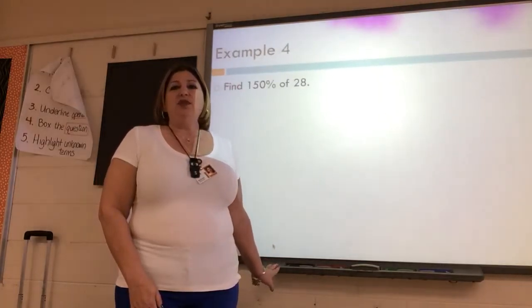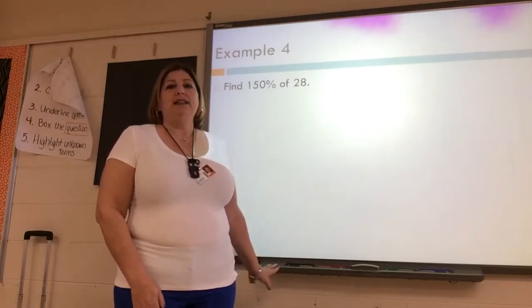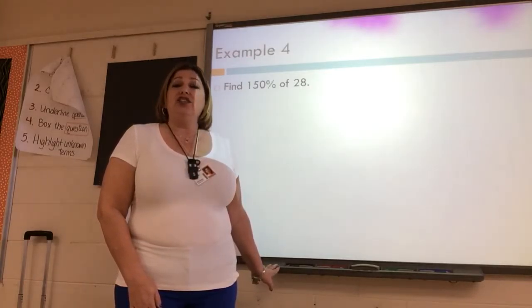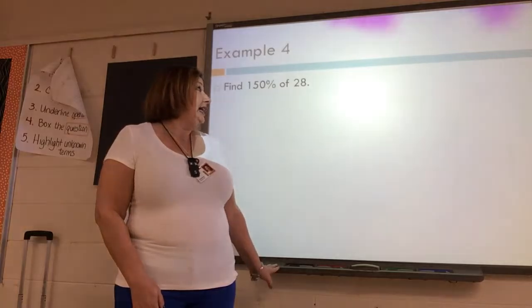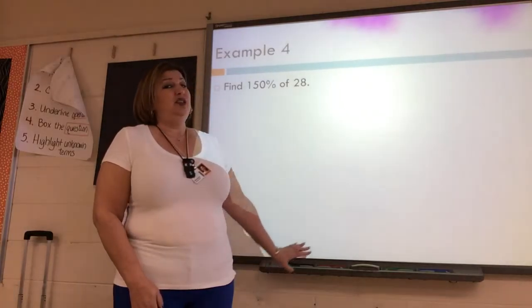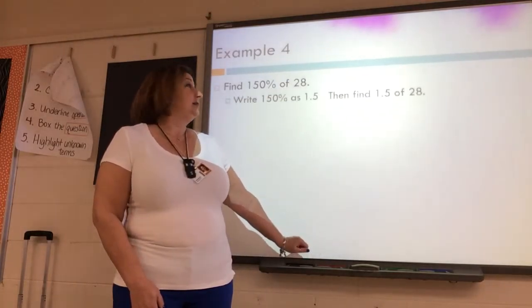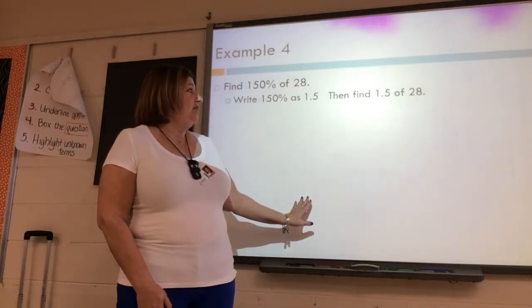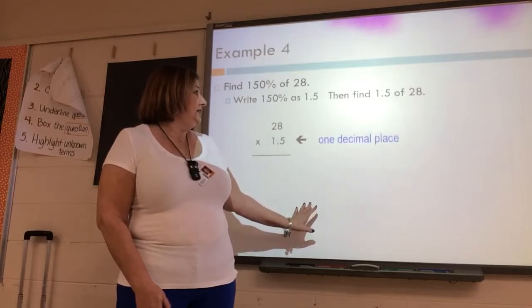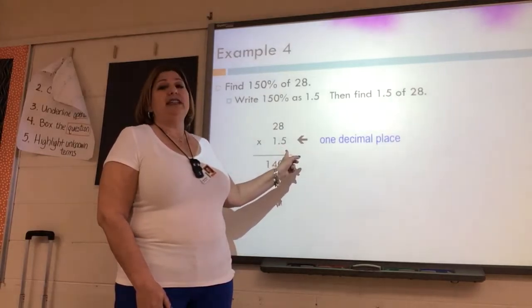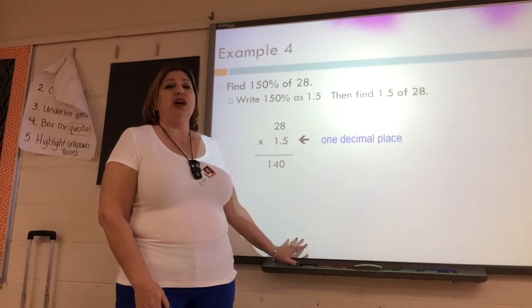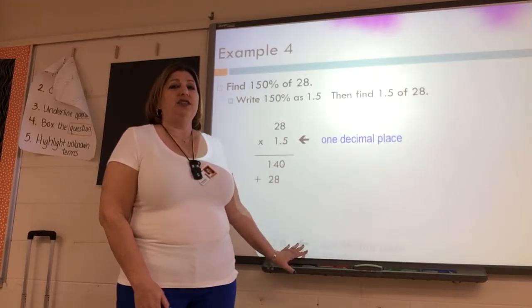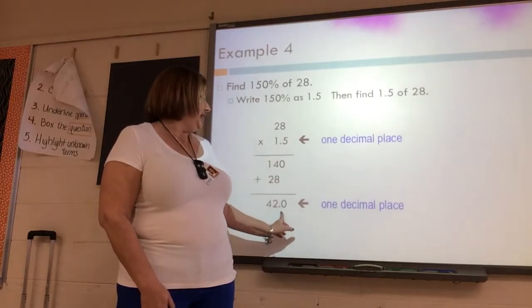Find 150% of 28. Will your answer be greater or less than 28? I hope you said greater. You're going to write 150% as 1.5 and then multiply 1.5 and 28. There's one decimal place in your factor, so when you get your product, you're going to have to save one decimal place in your product.